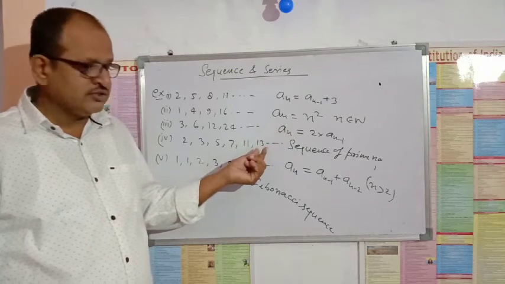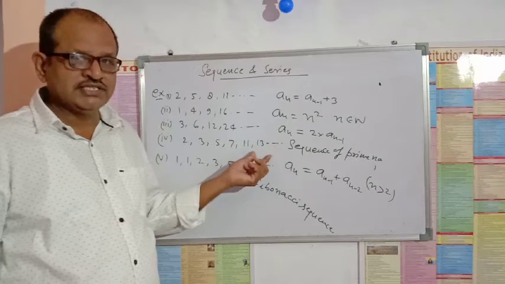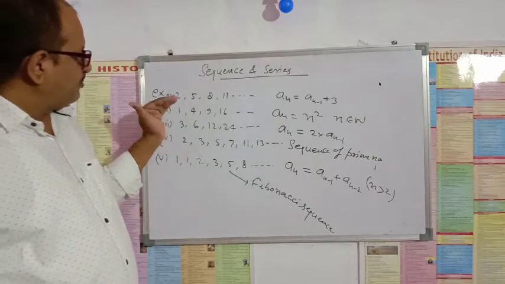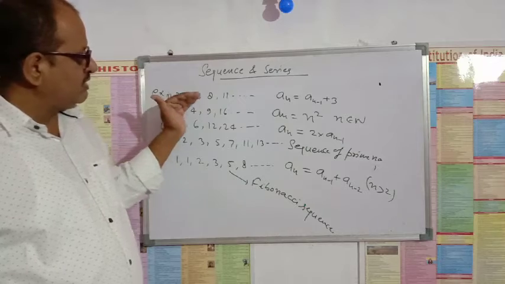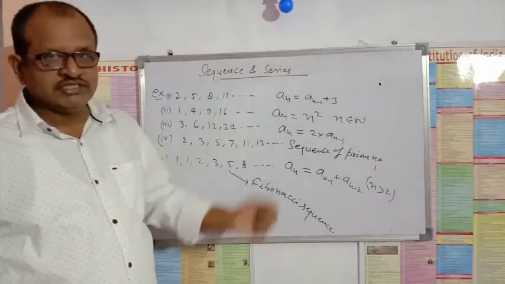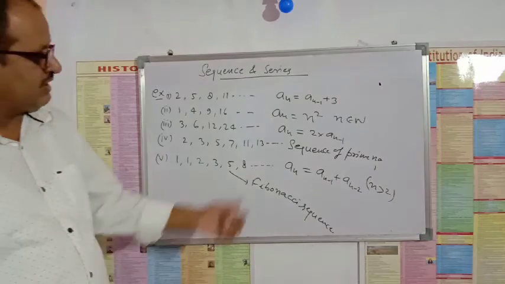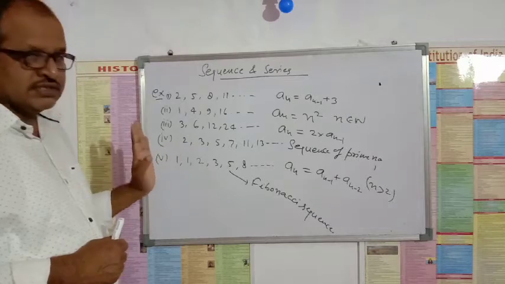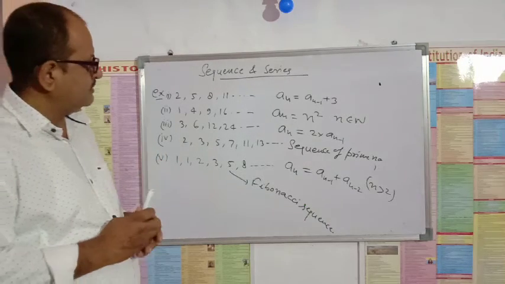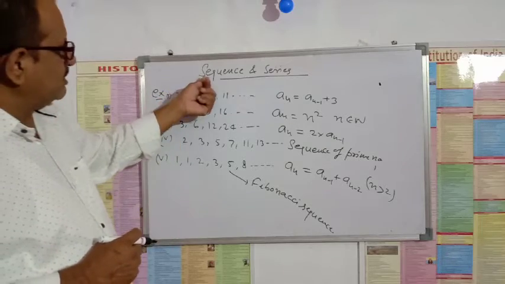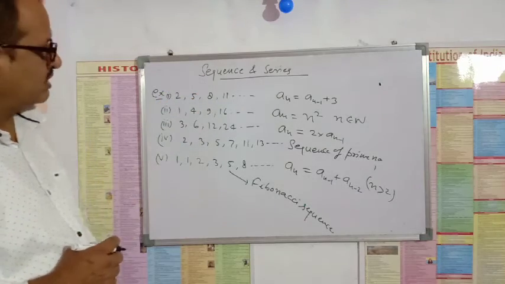So it is not a progression, it is only a sequence. Progression means we can write the formula for the general term, which is any nth term. So the fourth one is not a progression. This is the difference between sequence and progression.